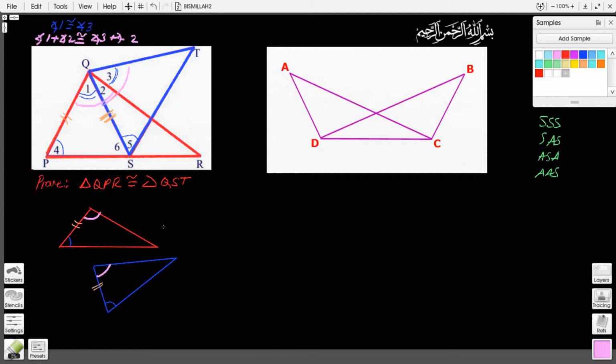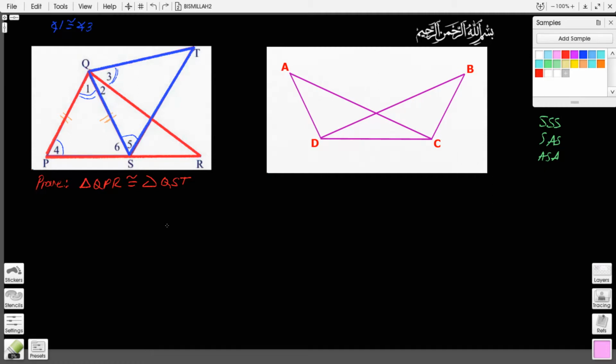Okay, tricky. This one is tricky because you have to see all of that. First you have to see those triangles. Then I'm given those two sides are congruent, and those two angles are congruent, very good.